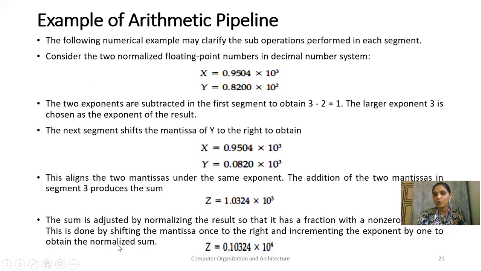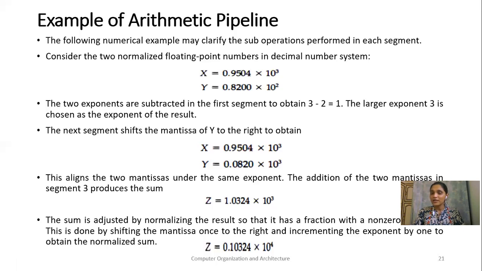So this is our requirement. This task will be done on every number system. If your number is in a binary system, you will do the same task. If your number is in a decimal system, you will do the same task. So these four tasks are required.